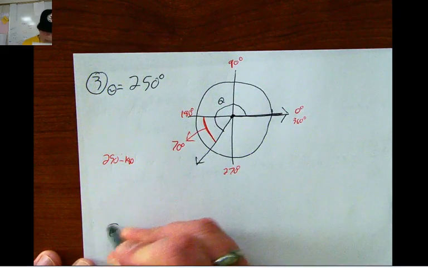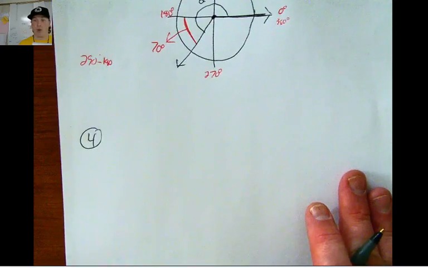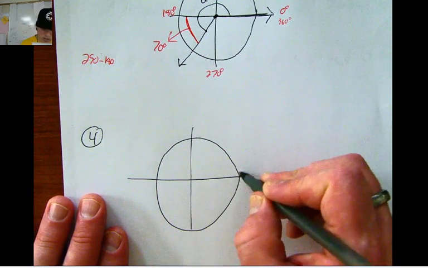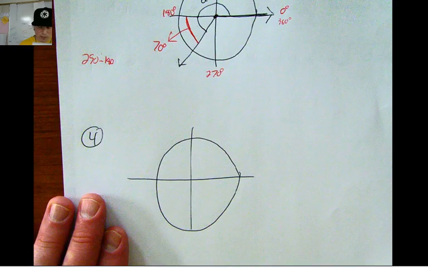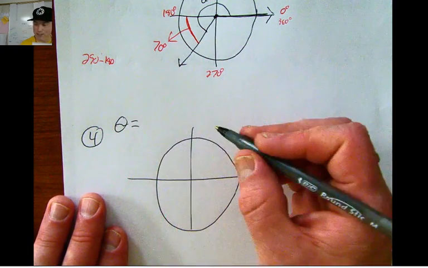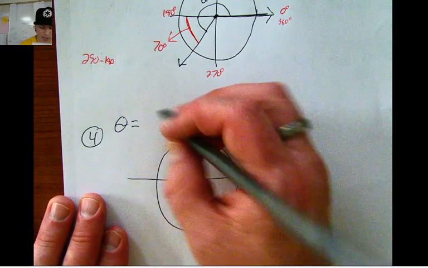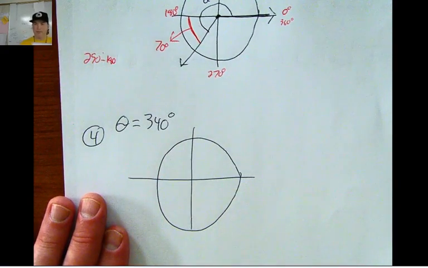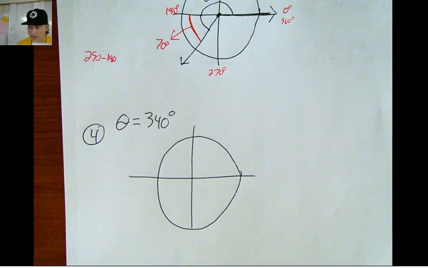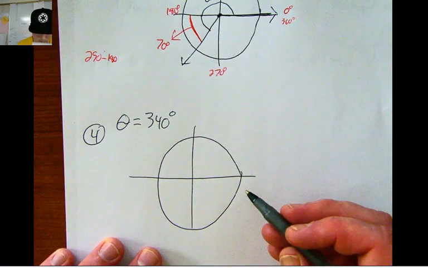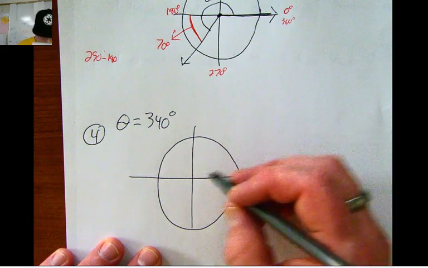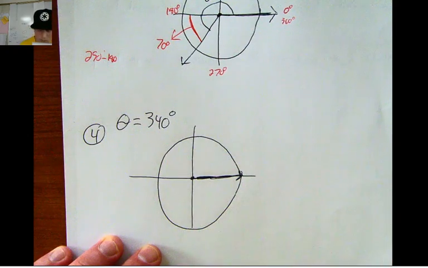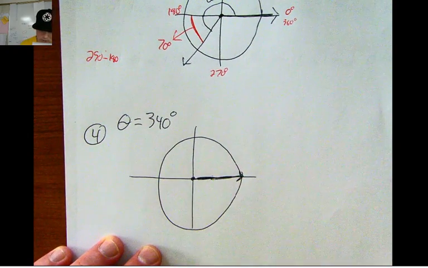Okay, number 4. This one is going to stretch into the 4th quadrant. Oh, I forgot to tell you what the problem was. Theta equals 340 degrees. Okay, so I put my first angle on the initial side, 0, and then I traveled in this direction.